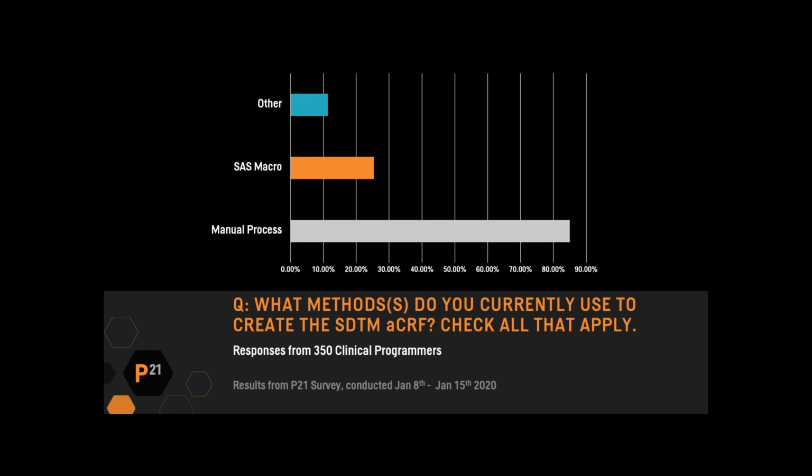So by and large, most people are creating the annotated CRF manually right now. When we asked people to explain the other process, most examples were something called the FDF method. Later in the presentation, I'm going to hook you up with a resource if you want to read more about the FDF method and see if it might work for your organization.